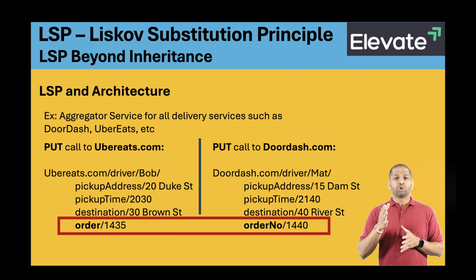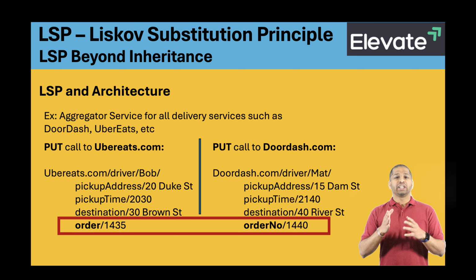If you create a put call to ubereats.com, let's assume this is how you will be sending your request. And in contrast, for DoorDash, you have a similar URL for the put request, but instead of the order, it needs to specify an order number. This is the clash, and this is a conflict between the two APIs.